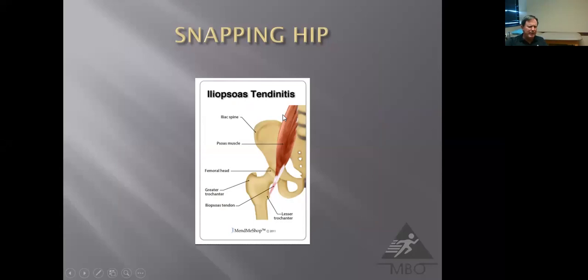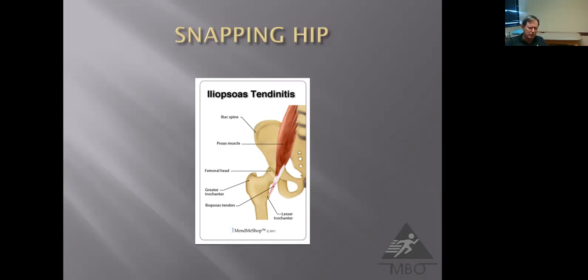So then there are people that have pain and have like a painful snapping in their hip. Sometimes it just occurs out of nowhere. Sometimes they're actually able to reproduce it. And that can happen for a couple of reasons. 2 reasons. Iliopsoas tendinitis, that's the main hip flexor. It's the muscle that's in the front of your hip that allows you to bring your knee up.